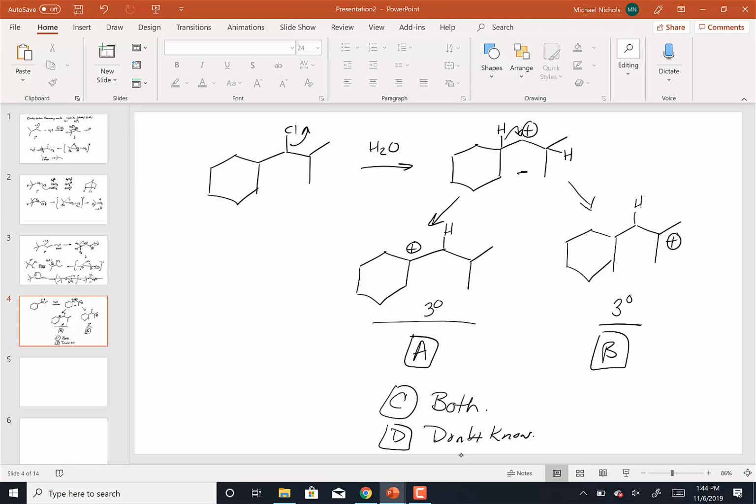So, my question is, which of these products is the major product? You can hold up fingers if you want, A, B, C, D. I didn't bring any extra cards. Plus, I'm kind of like out of cards.